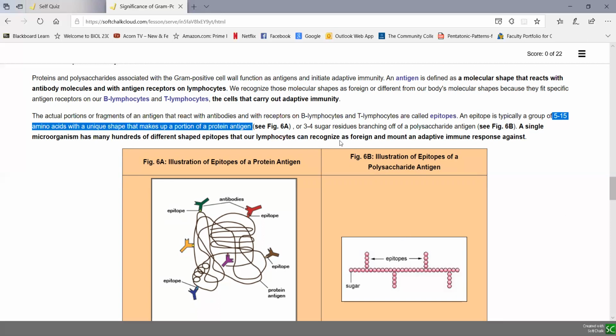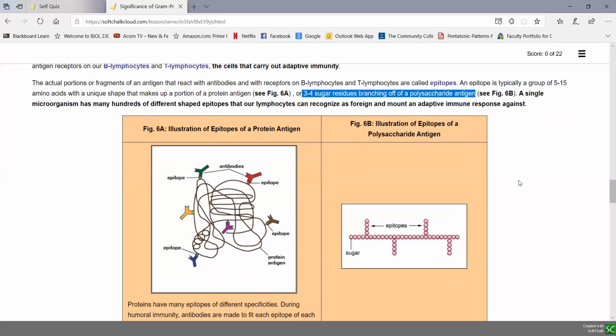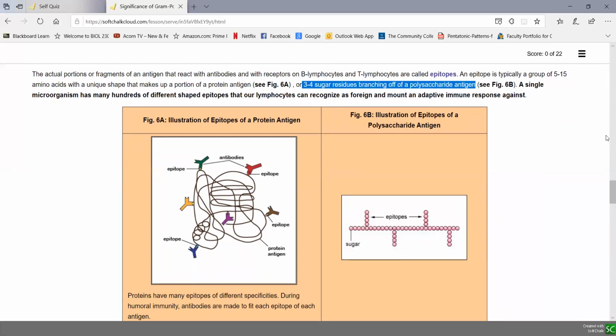So the epitope for a polysaccharide might be 3 or 4 sugars branching off a polysaccharide antigen like in 6b here. So again, there could be many epitopes on that polysaccharide, but they're all the same shape. So we don't mount as strong or as varied an immune defense against polysaccharides as we do proteins. And again, we'll get into that in more detail later.